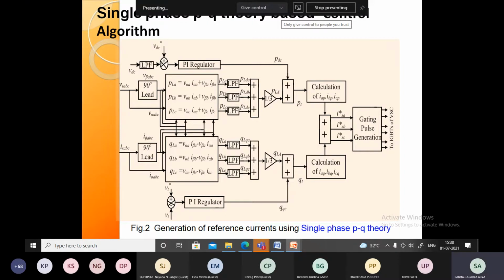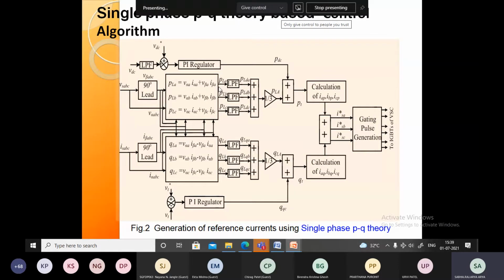Put a PI controller and tune the Kp, Ki. How we can tune is some other theory. We can put some value of Kp, then continuously increase the value of Kp and Ki, then after some time you will get tuned values of the PI controller. After tuning, what is the output? Output of PDC equal to a constant DC. Supply voltage you can take and shift 90 degree, that way you can consider beta. Then find out PLA, PLB, PLC.